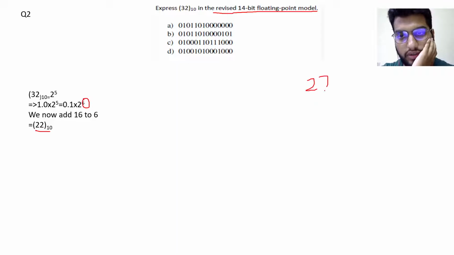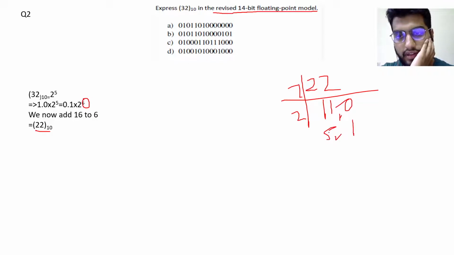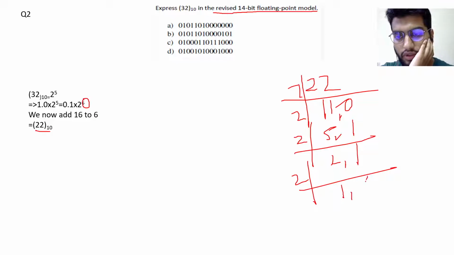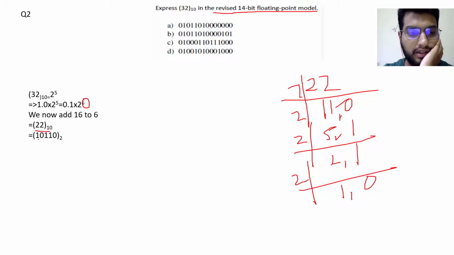Now we convert this 22 in decimal into binary by repeated division by 2. So 22 in binary will be 10110. This will be our exponent. And now our mantissa is simply 1.